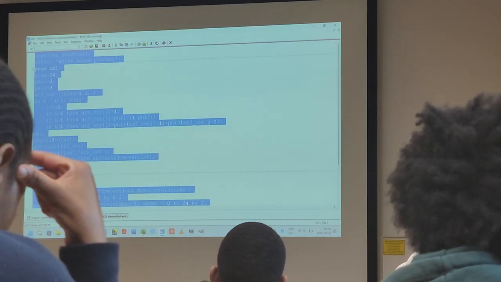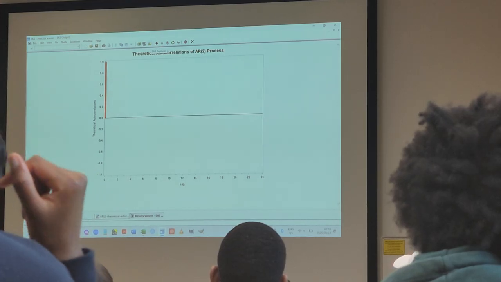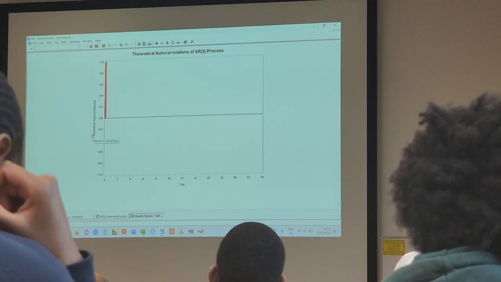Nice. Hopefully it doesn't take too long. Well, that's a rather boring plot. But it's a great plot. On this axis I have the lag, 0 up to 24, and here I have my theoretical autocorrelations.